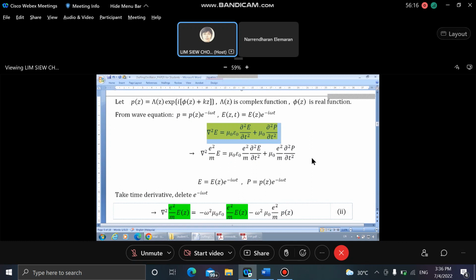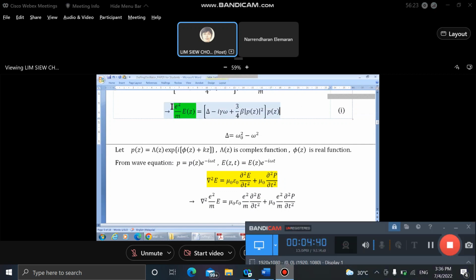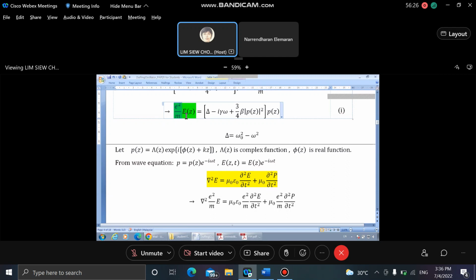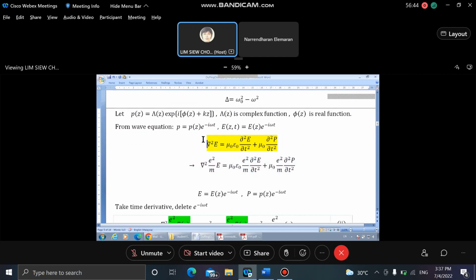Okay. And if you look at the results from the paper, and this is for the medium, you have E squared over N E. But in this wave equation, this part you have only E here, right? So we want to make it so that whichever multiplies with E carries the E squared over N. So we copy paste the wave equation that we just derived. You multiply with this.